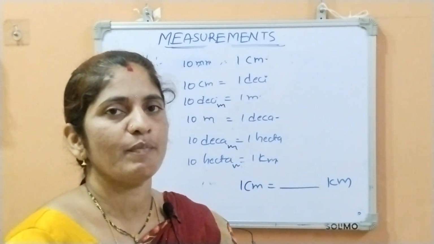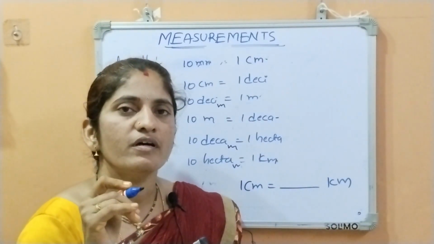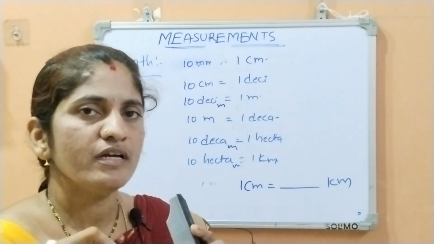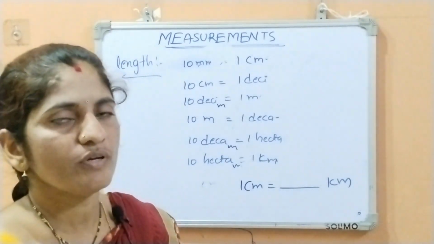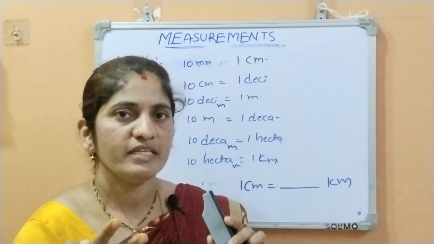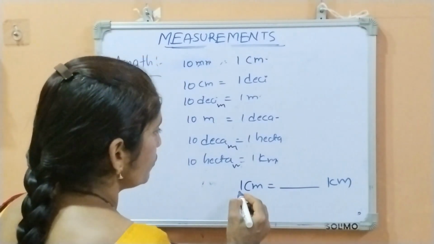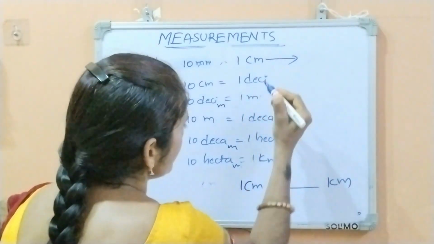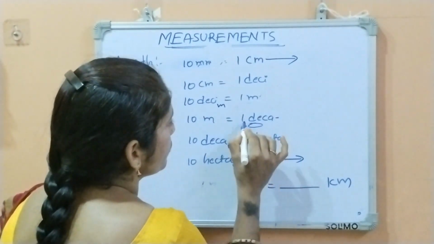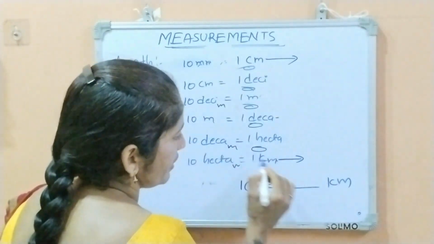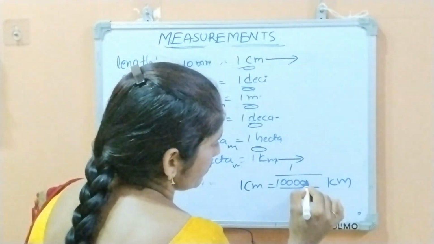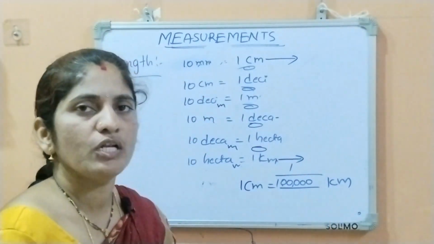In this type of case, we have to write zeros in the denominator, that is tenths, hundredths, thousandths place like that. Where is centimeter? Here it is centimeter. Where is kilometer? Here it is kilometer. So how many gaps are there? 1, 2, 3, 4, 5. 5 gaps means 1 by 5 zeros. 1 by 1 lakh kilometer.